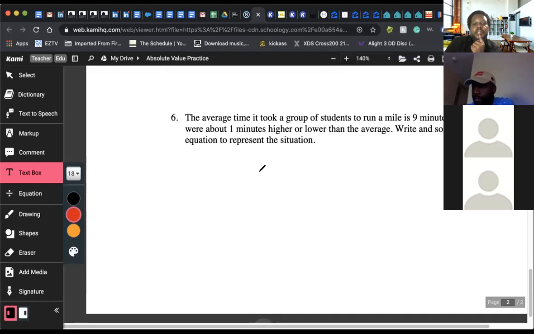So S minus 9 equals 1, and S minus 9 equals negative 1.